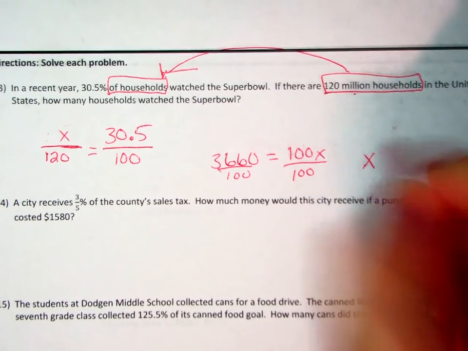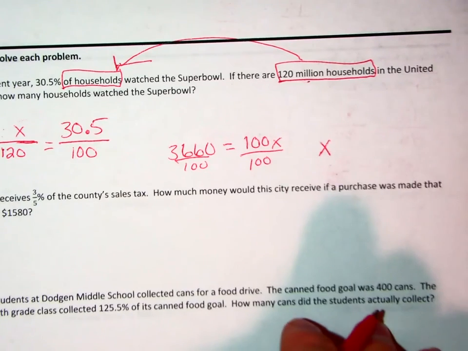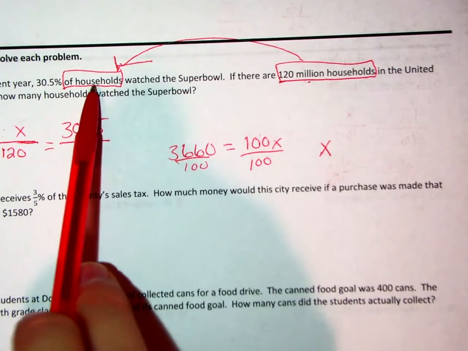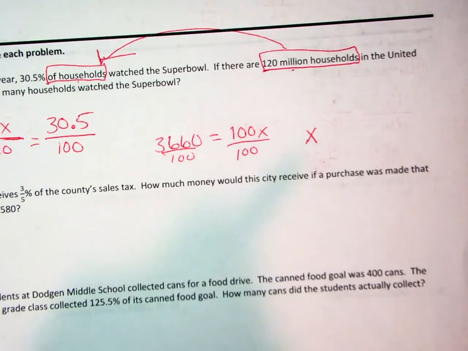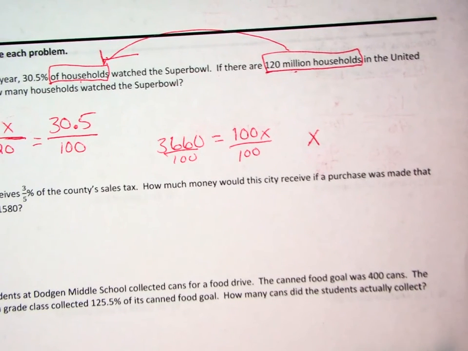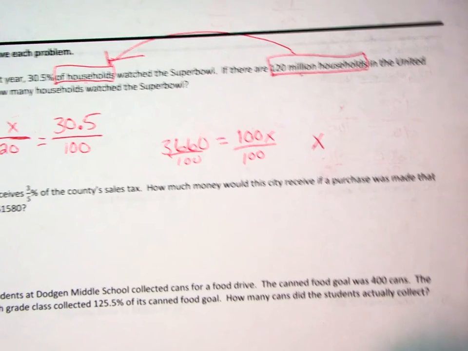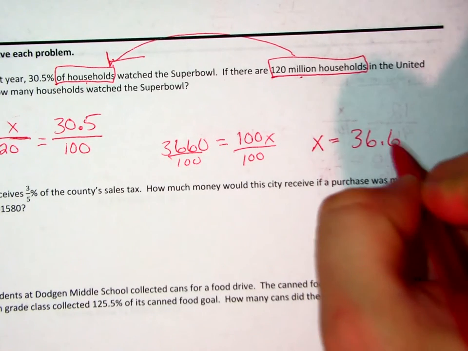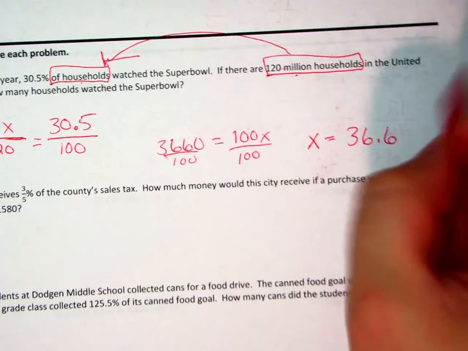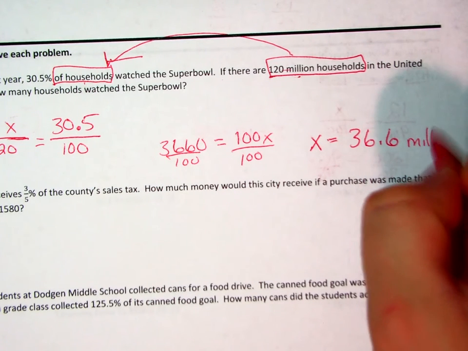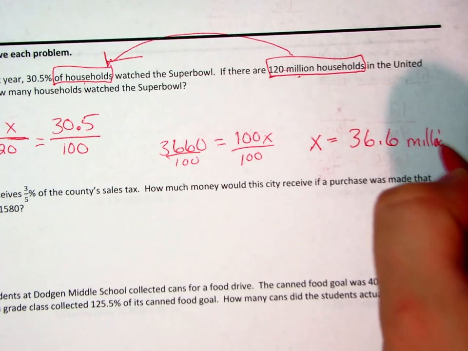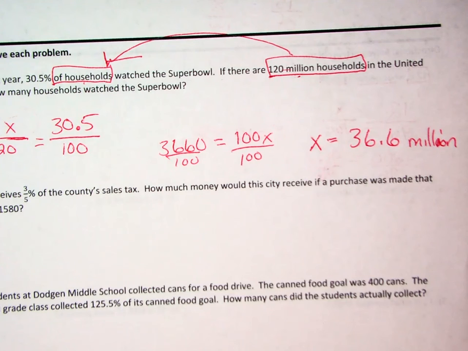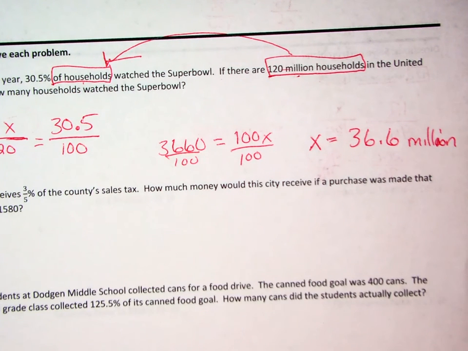So my x value, the number of people out of 120 million that watched the Super Bowl, x equals 36.6. Remember, we're talking about terms in millions. 36.6 million households.